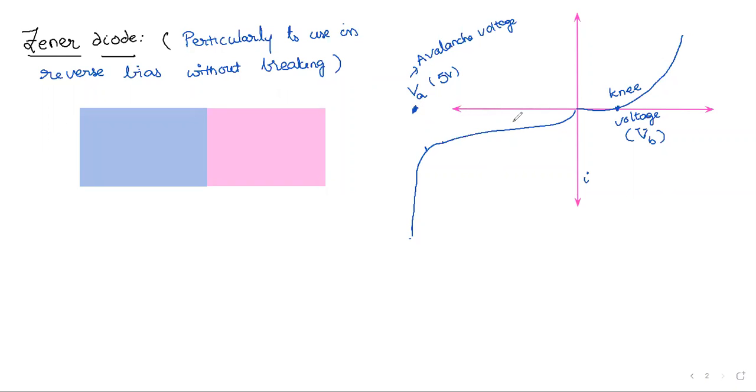Without breaking. That's the idea they got: we get this breakdown not at avalanche, because the diode is breaking. Suppose I get this breakdown in another diode somewhere like this, here only. This is the breakdown voltage.